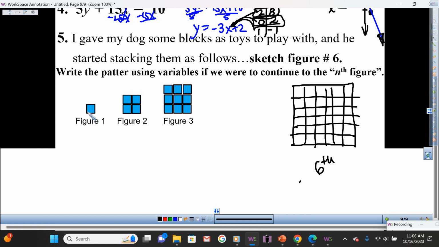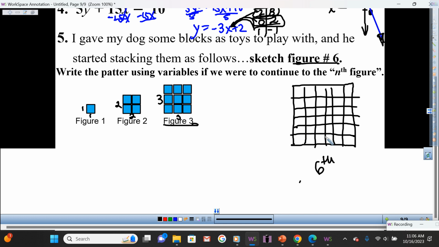Okay, so walk us through your pattern. 1 and 1. 2 and... So you figured that if figure 3 was 3 and 3, figure 6 is what? Hands if you saw that, yes?